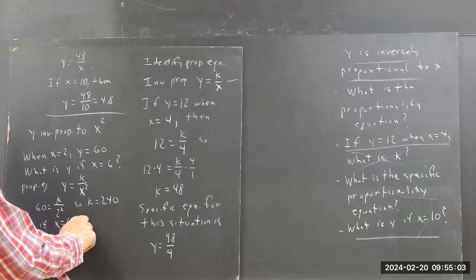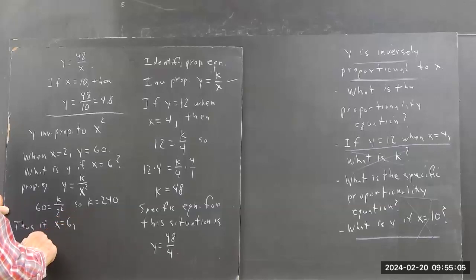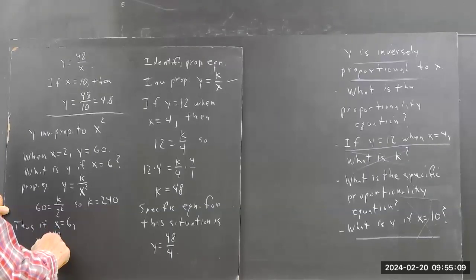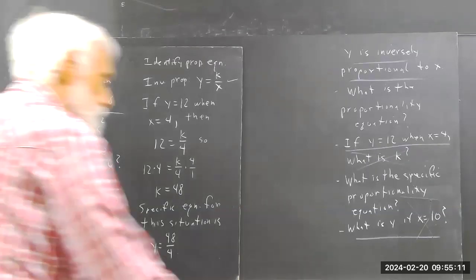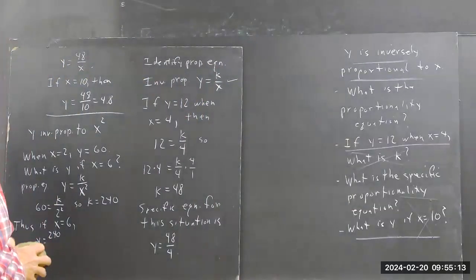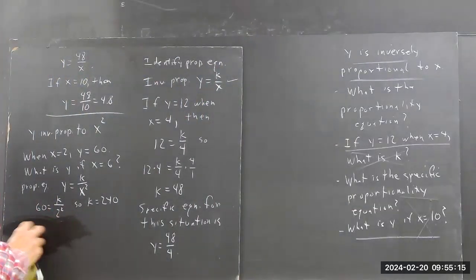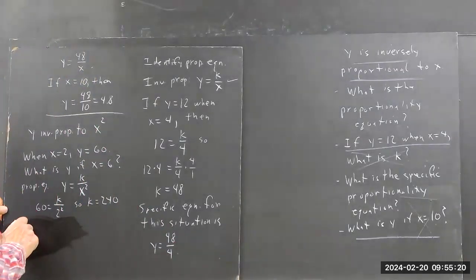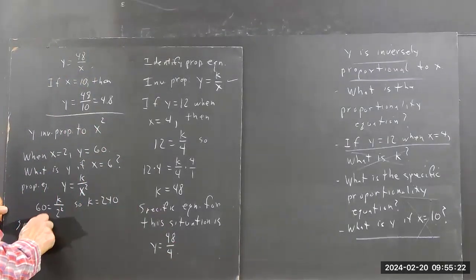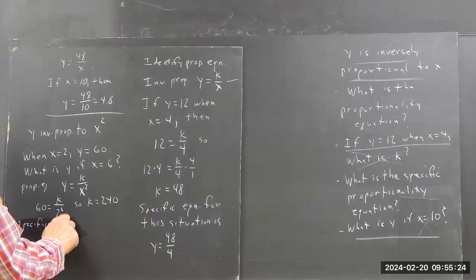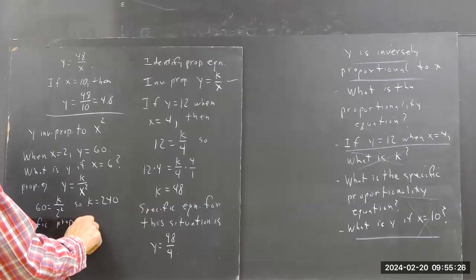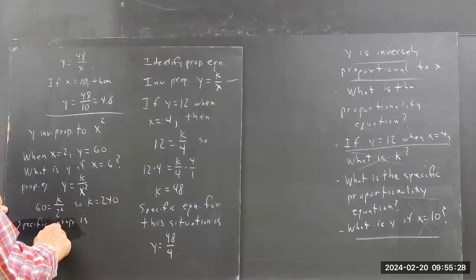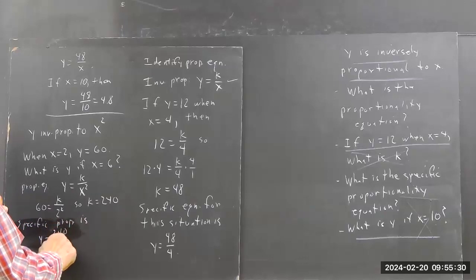Thus, x equals 6. Y equals 240. Wait a minute. You skipped one step, but I want you to include the specific proportionality, which is y equals 240 over x squared.